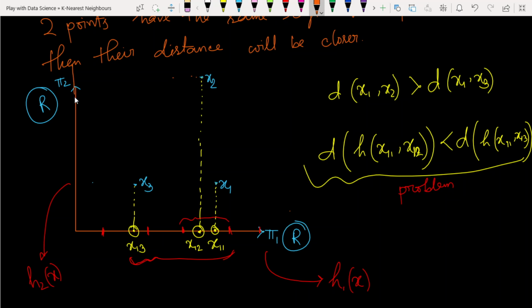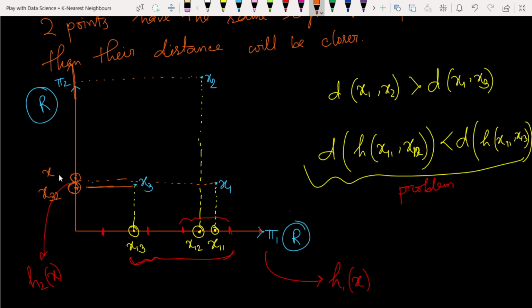First I am projecting x2 on this plane, then I am projecting x3 on this plane. On this plane, this value will be x3 projected here, that is point 1 on the second plane.